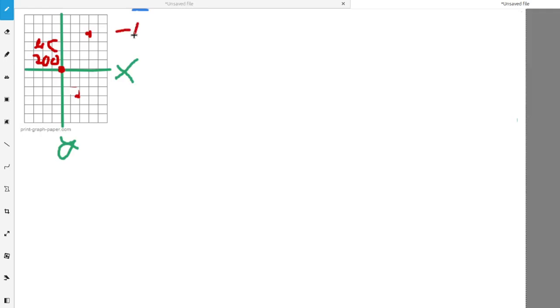That is negative 1.87 microcoulombs. And we have a charge here at 2, negative 3 of 4.23 microcoulombs.